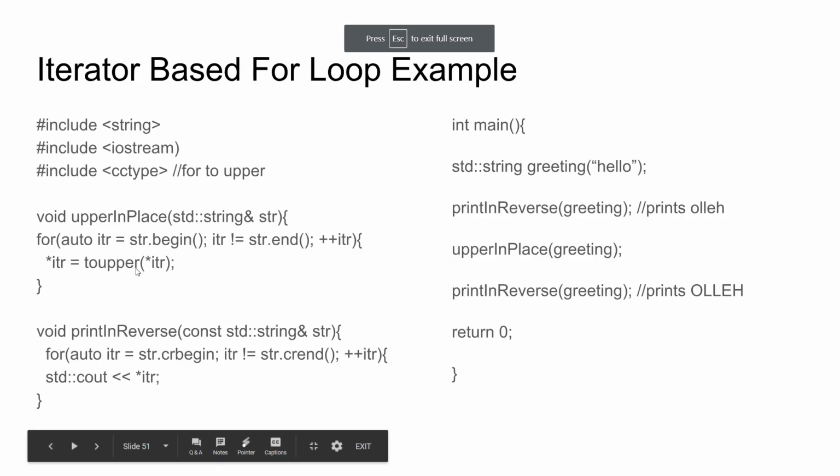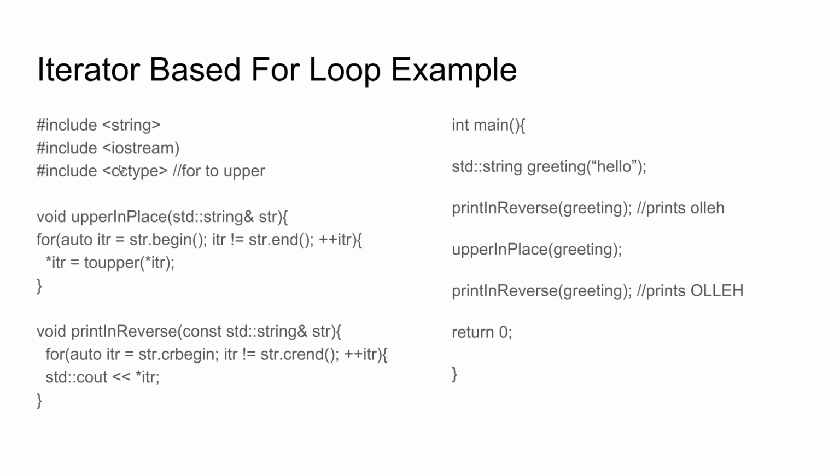Star iter equals toupper of star iter. Just 1 second. toupper is in cctype. It has the functions toupper and tolower, but toupper and tolower only work on a single character. So if we want to write our own functions that modify the entire string, we have to write them ourselves and just apply toupper to each character.